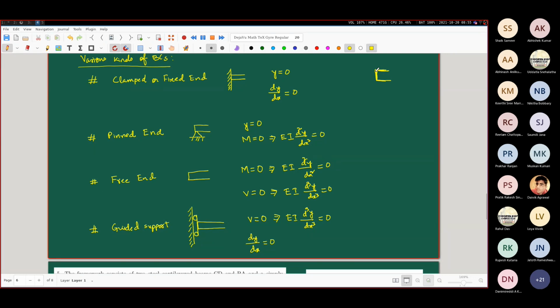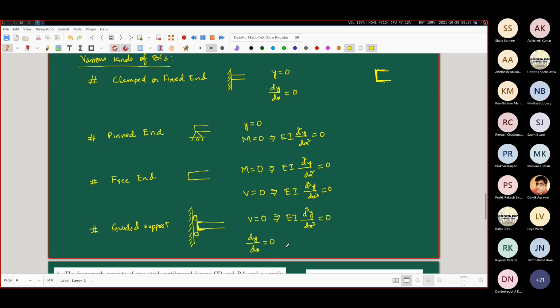Okay, this part remains like this in the fixed end. So also here, this part remains like this. Even though this may translate up and down, very near to this end this always remains rectangular like this. So this dy/dx at this left end remains as 0. So these are some commonly encountered boundary conditions.